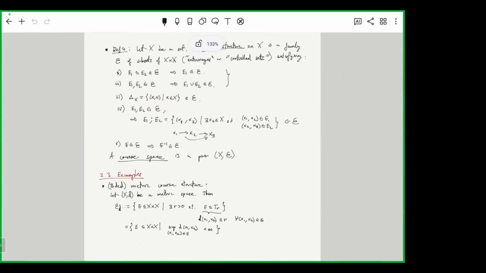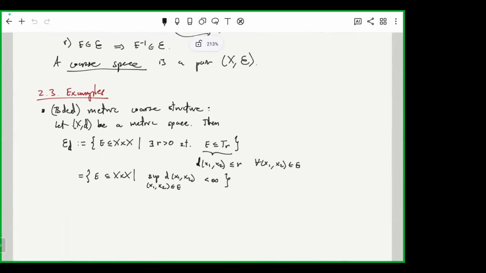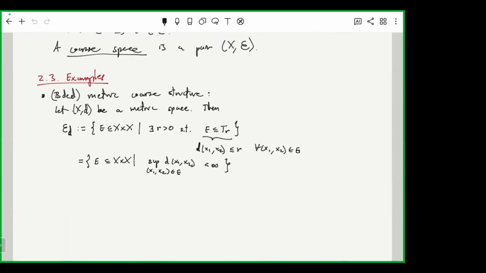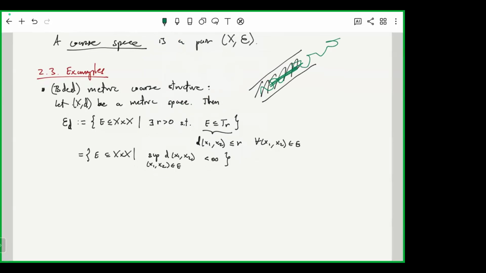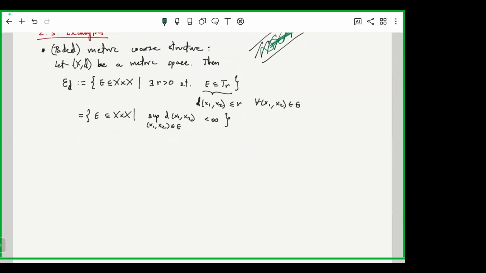So the tubes are not closed under taking subsets, right? Because for example, this is a tube, but then I can have some weird looking subset like this inside, and this will also be controlled. Okay, so that's the bounded metric coarse structure.